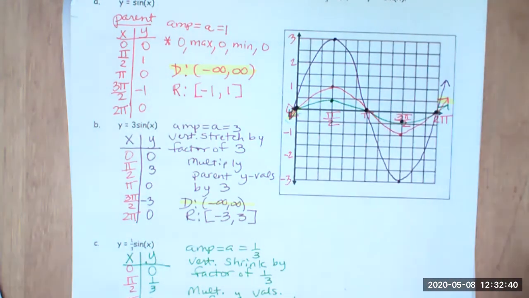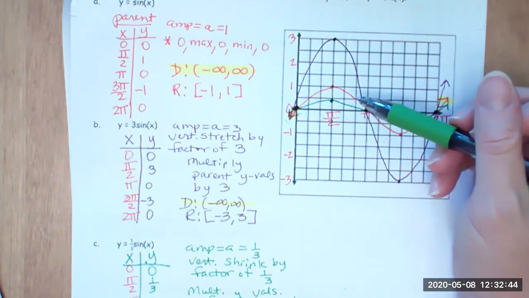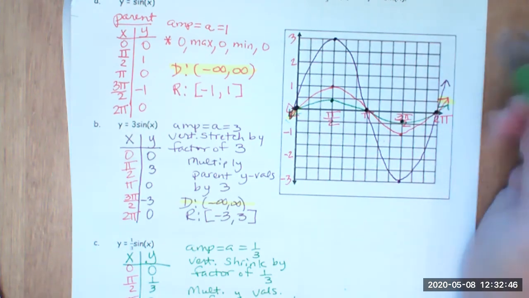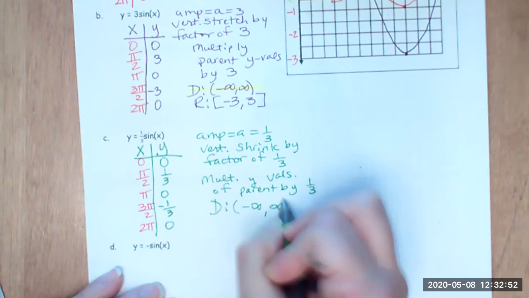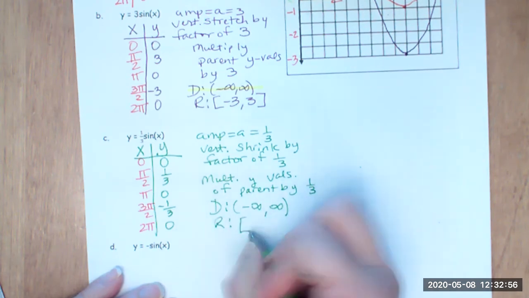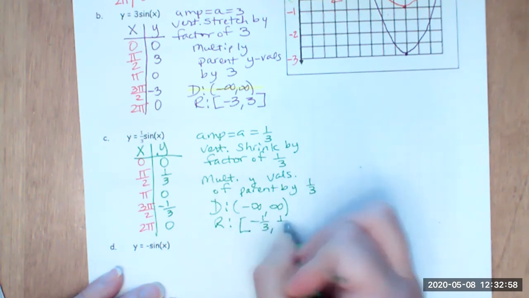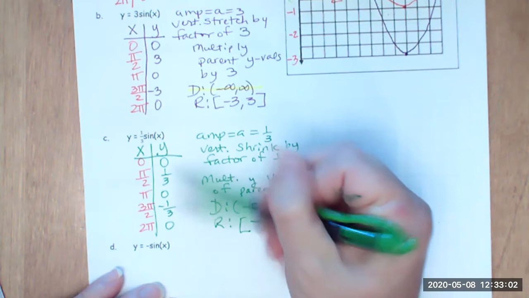So you can see we've got the same shape, it's just vertically shrunk. Okay? The domain still is all real numbers. And the range is going from -1/3 to 1/3. Okay, you can also see that just by looking at your table.